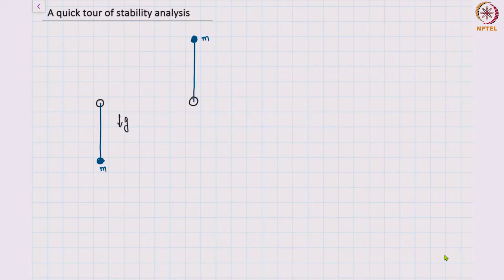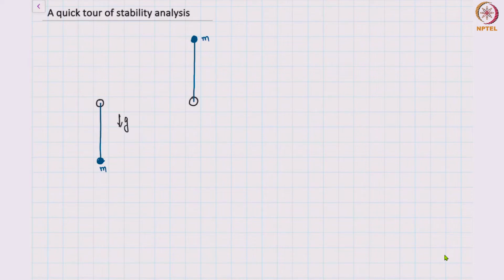Now in this case, the mass is vertically up, so it's an inverted pendulum. But I have created a situation where the mass is perfectly straight vertically up. Again, in this case, if there was absolutely no disturbance, the mass would stay in its position forever.